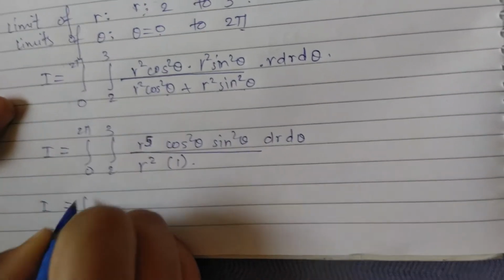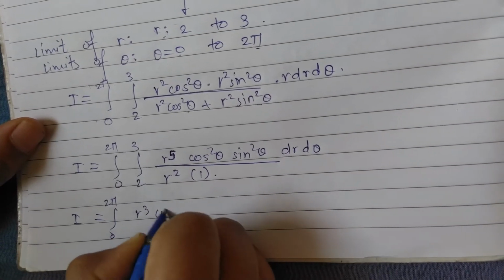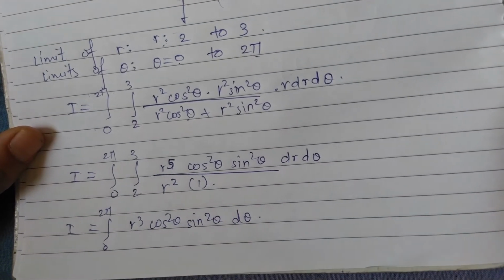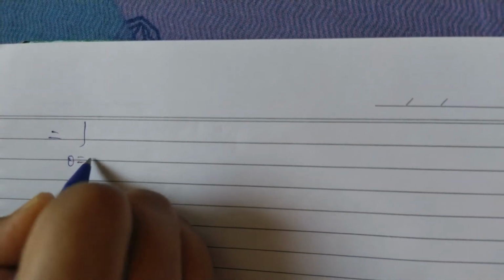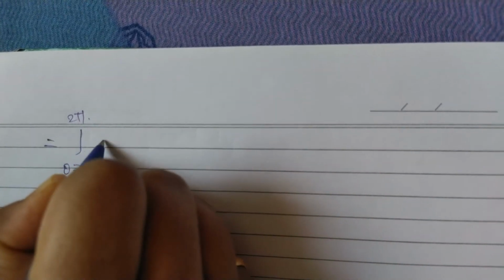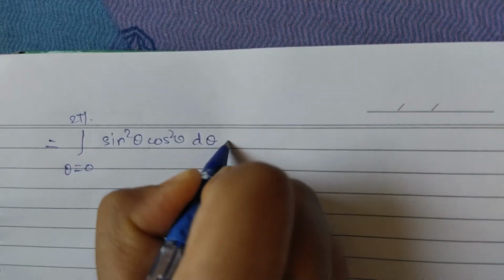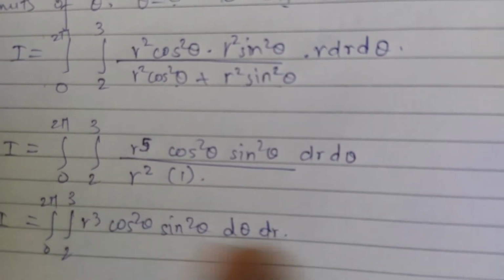So I is equal to integral 0 to 2 pi, r cube cos square theta into sin square theta d theta. Okay, now this is equal to theta equal to 0 to 2 pi sin square theta cos square theta d theta, and the integration of r cube dr, yes, it is r raised to 4 upon 4.